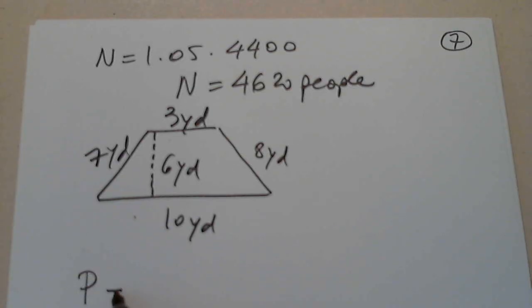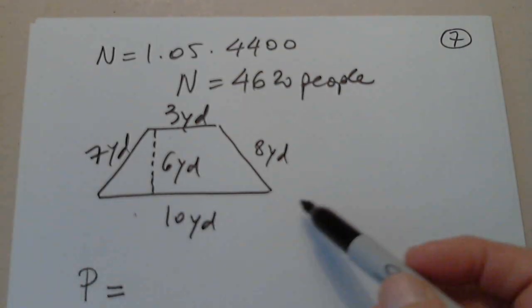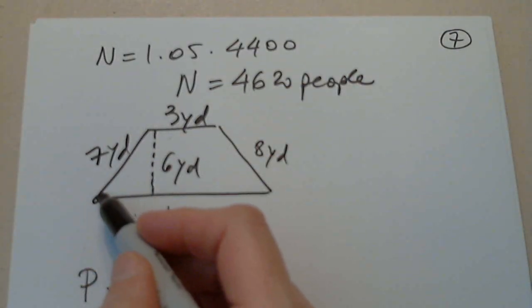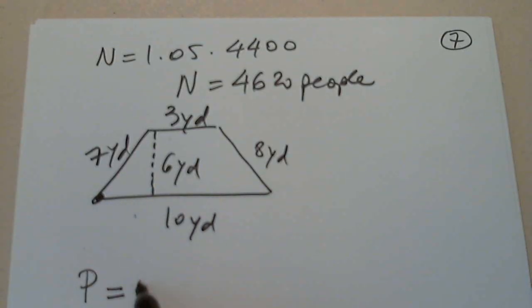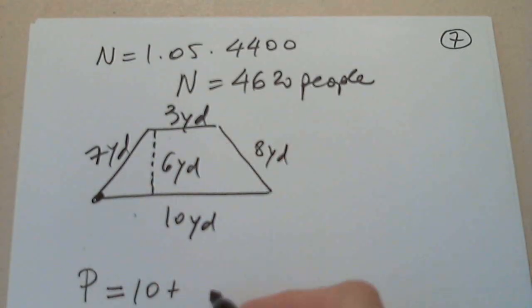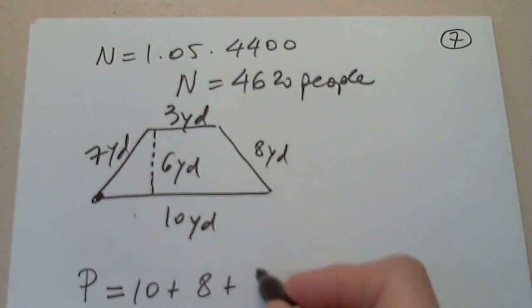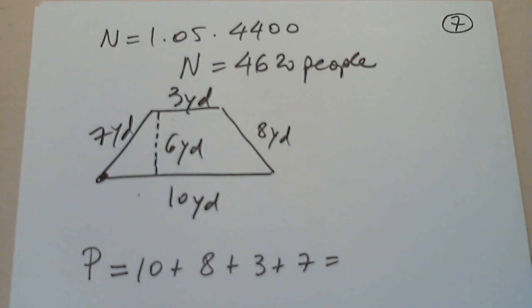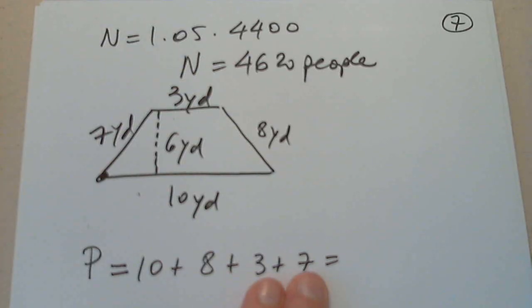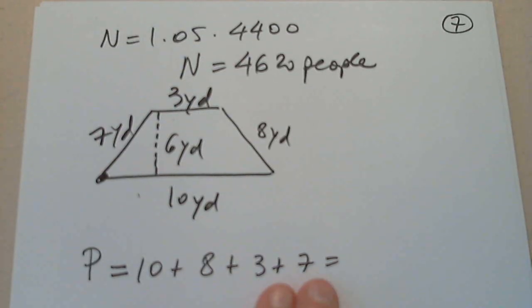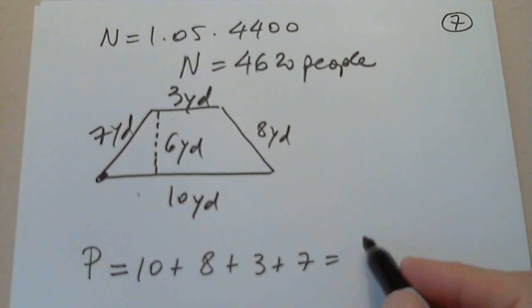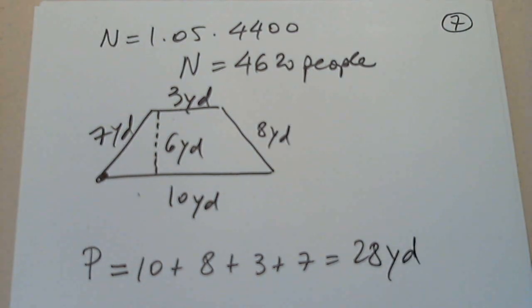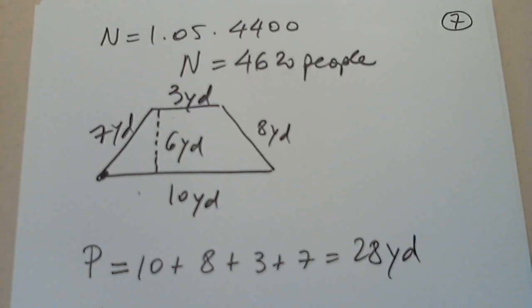The perimeter is very simple. We go around the figure and we add 10 plus 8 plus 3 plus 7. Here's what I want to do. This is 10. This is 10. 10 plus 10 is 20. 28. You can do whatever you want.